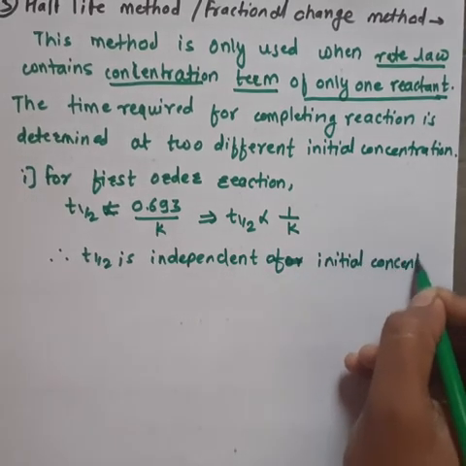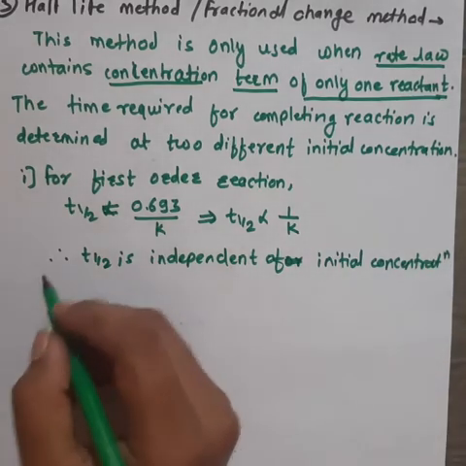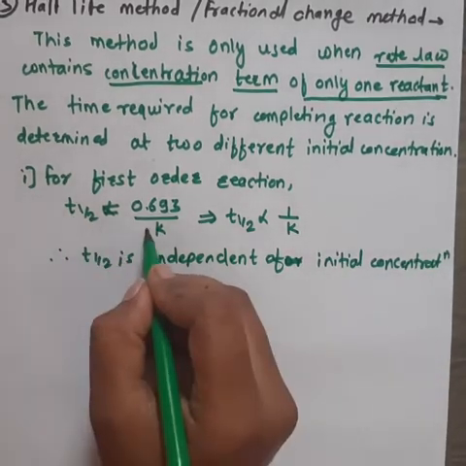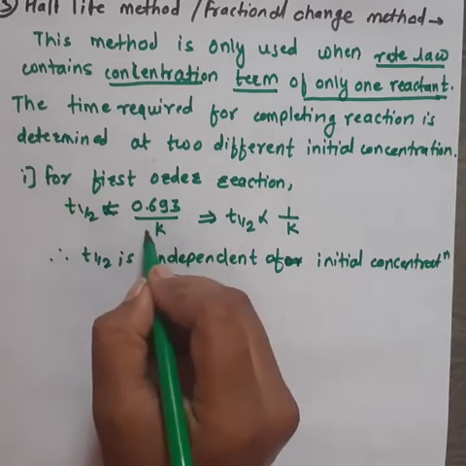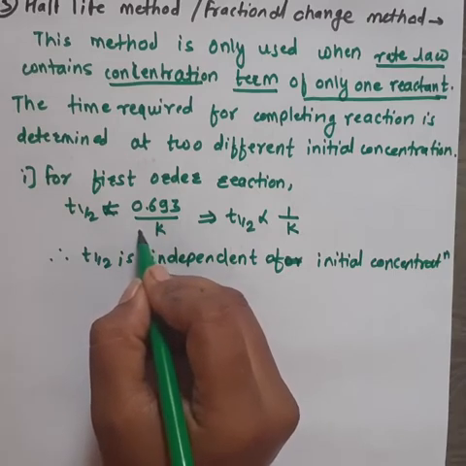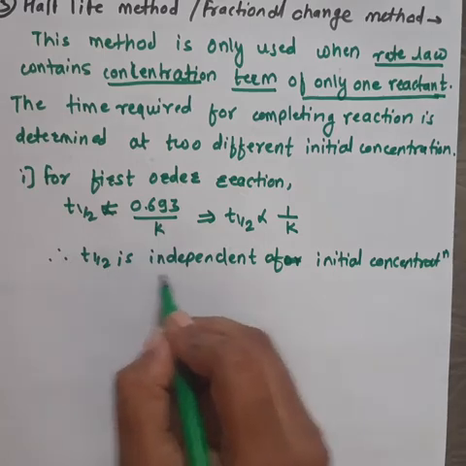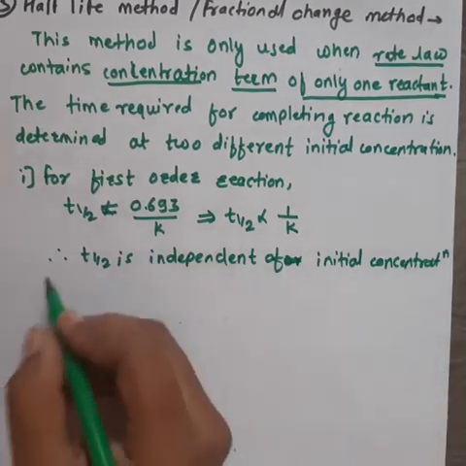This means that the equation of T half does not contain the initial concentration, that is small a. Therefore, T half is independent of initial concentration.